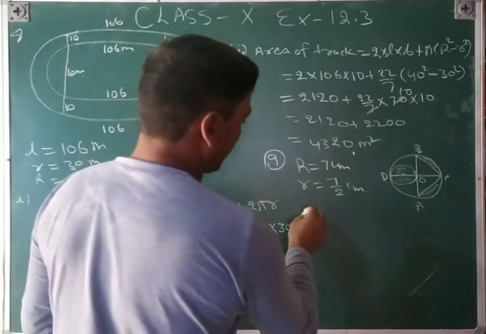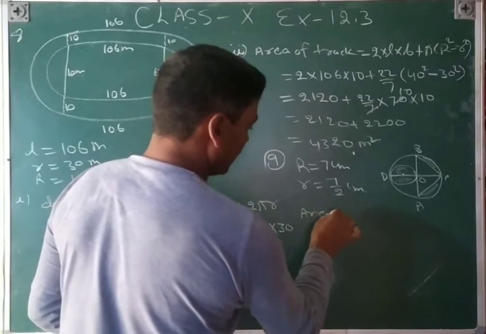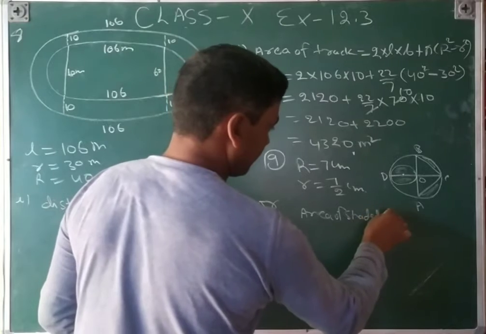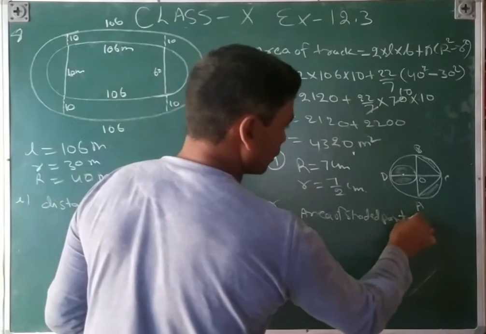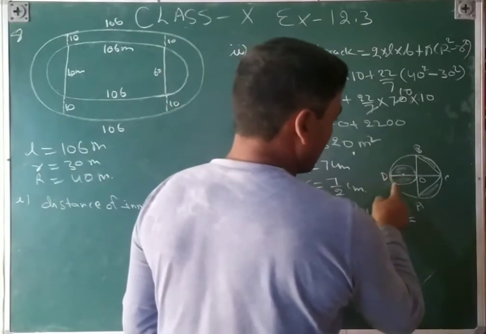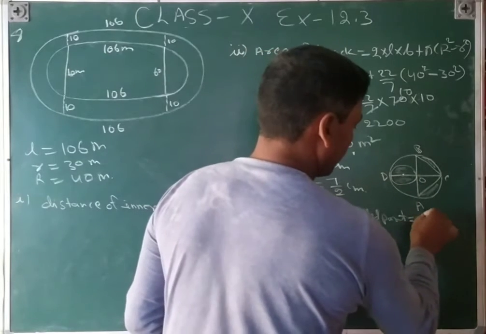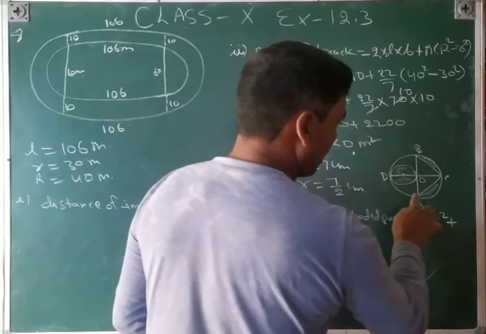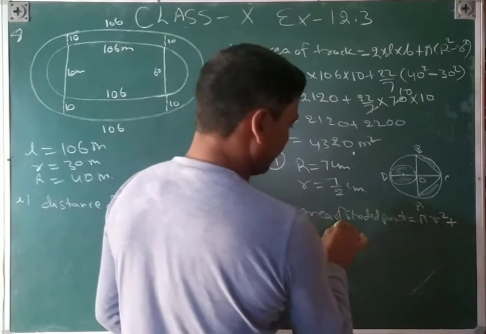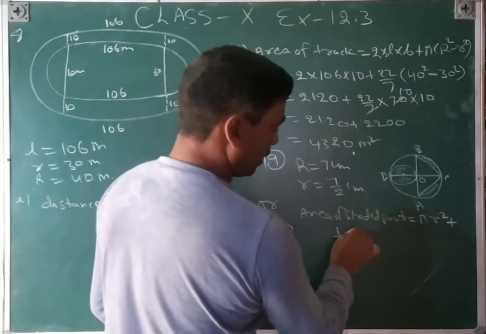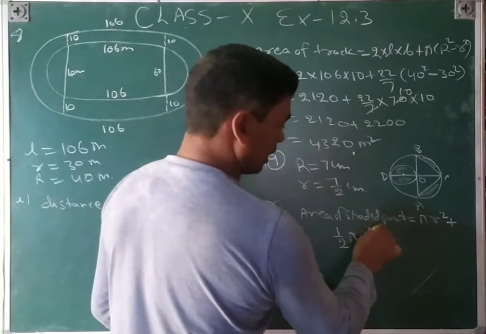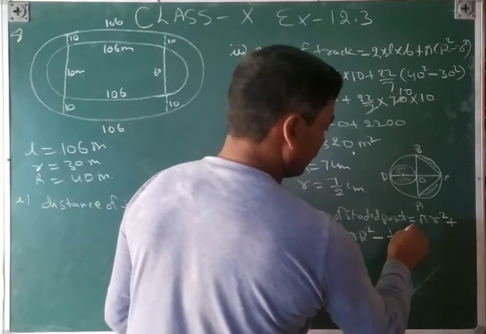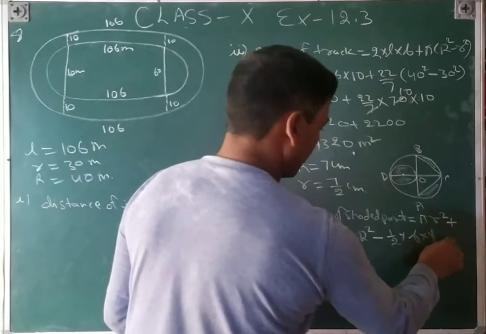Now area of shaded part is equal to area of small circle, pi r square, plus area of semicircle of the larger circle, minus area of triangle, 1 upon 2 into base into height.